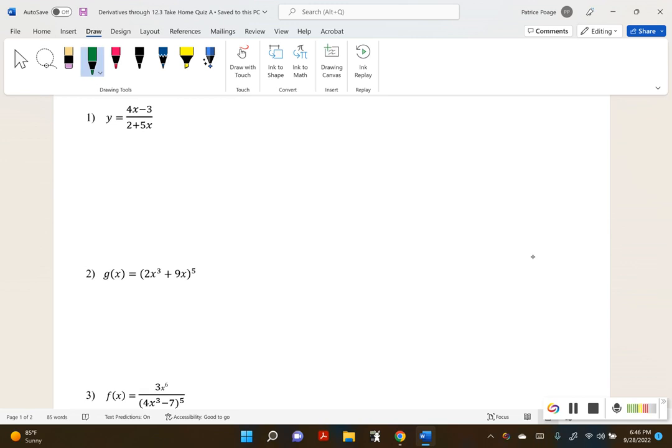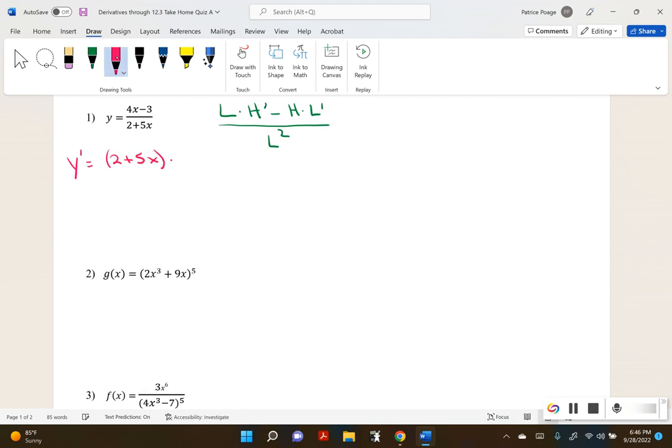So this first one, number 1, that's definitely a quotient rule. Quotient rule says low d high minus high d low over the square of what's below. So taking the derivative, low, I'm just going to write down the low part.